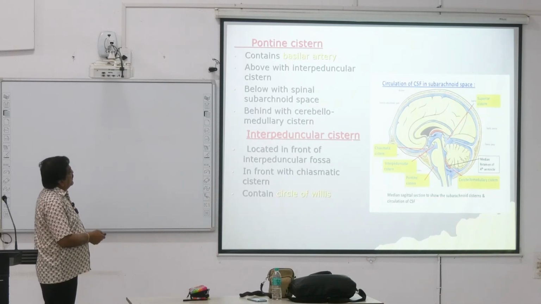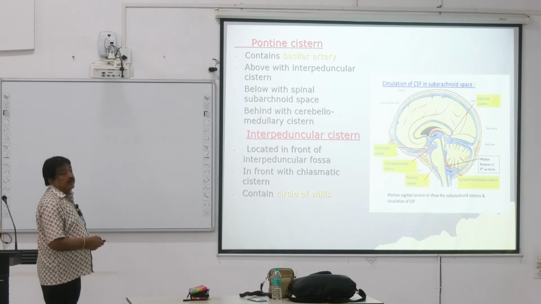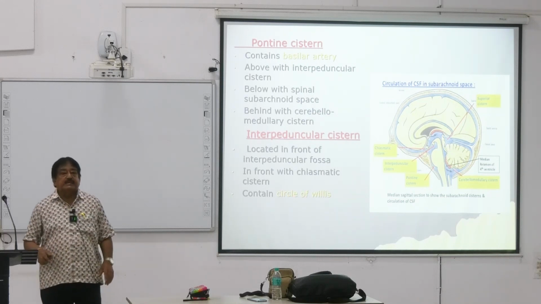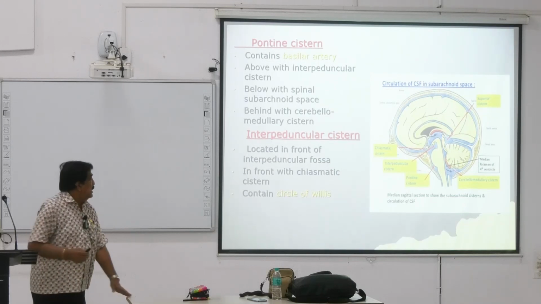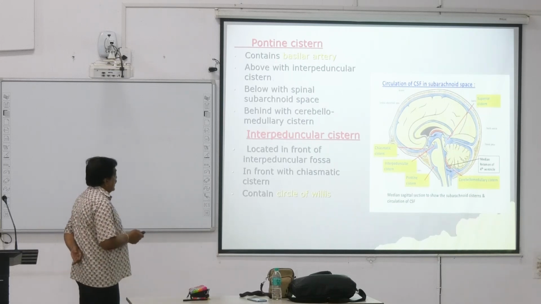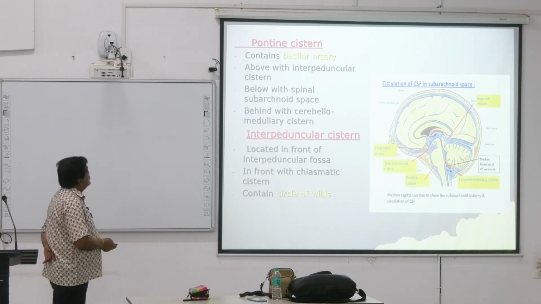Now, the interpeduncular cistern is located in front of the interpeduncular fossa, in front is the chiasmatic cistern, and it contains the circle of Willis. This is the important circle of Willis. You get a question on the circle of Willis: what are the arteries involved in forming the circle of Willis?